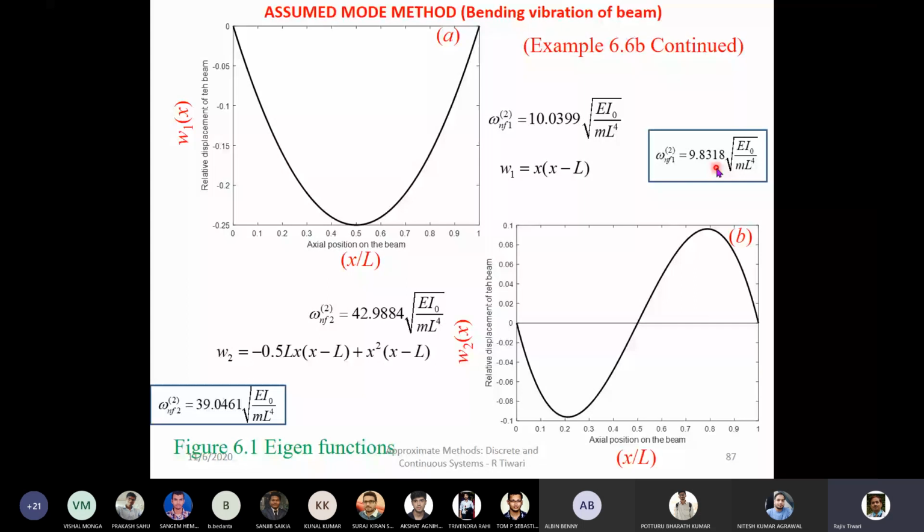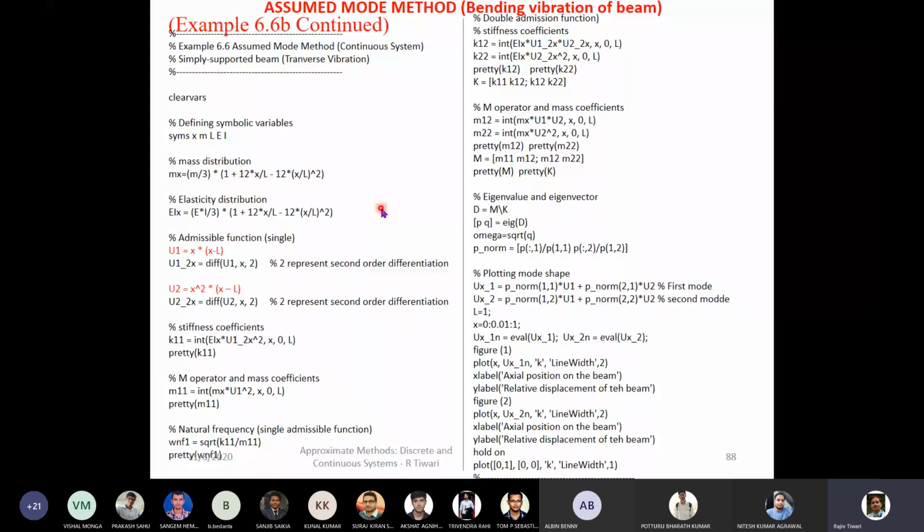So this is actually the MATLAB code, but the same can be changed to Scilab by making some small variations here and there. You have observed that a lot of integrations are involved, symbolic integrations.